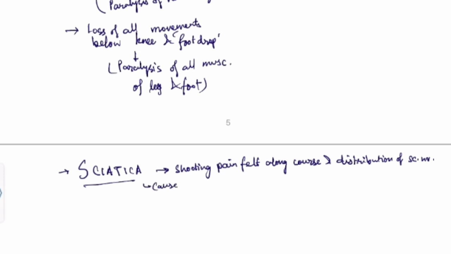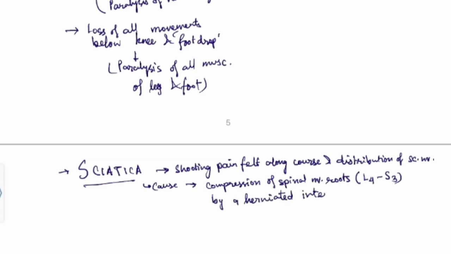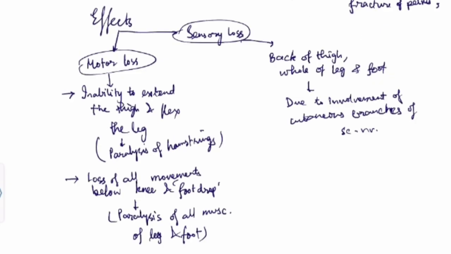Cause of sciatica: compression of spinal nerve roots L4 to S3 by a herniated intervertebral disc. Okay, so this is all about the sciatic nerve.